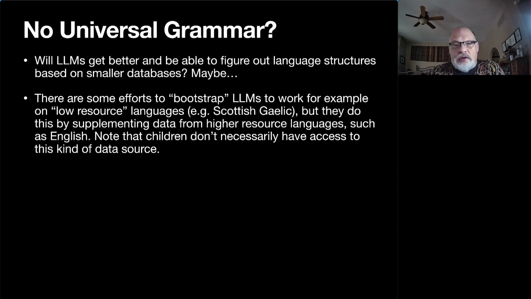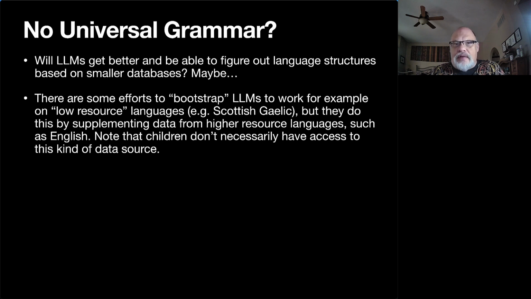One of the ways they do this is they make use of data from higher resource languages, such as English. So, for example, they take what they learn from English, and then they use that to supplement the information they get from the Scottish Gaelic database. Again, children don't have access to that kind of data source.